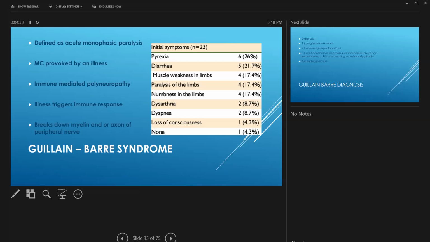It's an immune-mediated polyneuropathy, and it triggers this immune response that degrades the myelin sheath, causing difficulty in sending proper electric signals. And then these are the symptoms you can get. So diarrhea, muscle weakness, and it is an ascending paralysis that occurs from the breakdown of myelin.